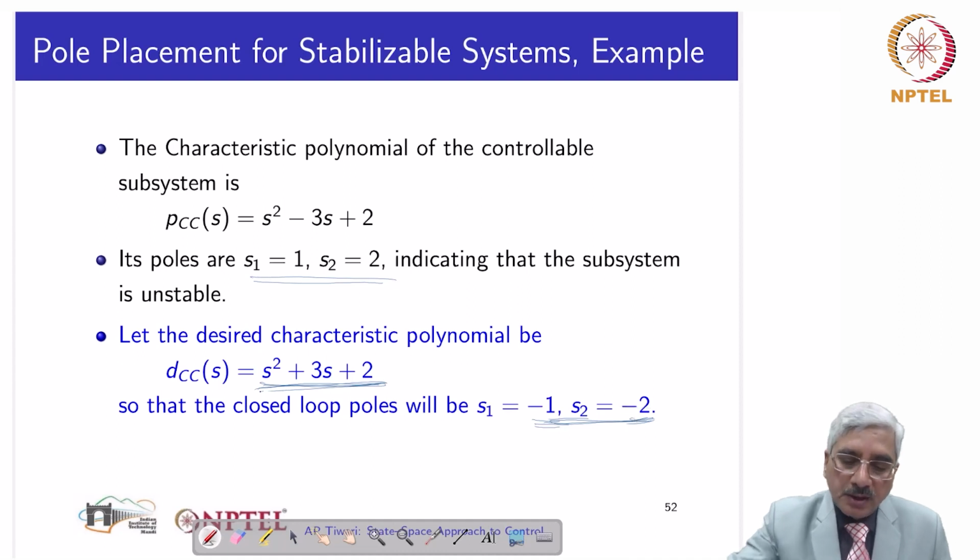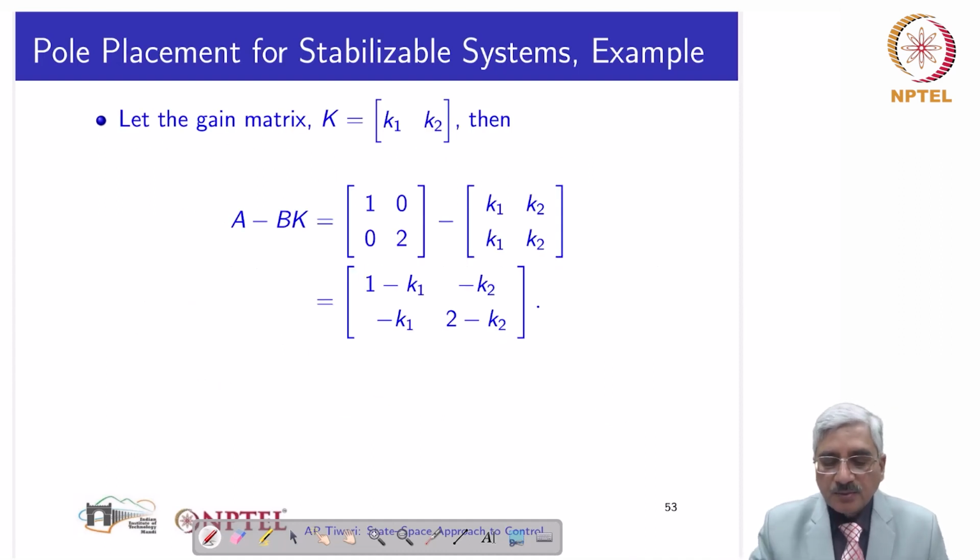So we do the design. Of course we don't do transformation to companion form, we proceed directly. That will be a little cumbersome, but this is only a second order system, so it can be done. So this is the A, that controllable subsystem, and this is the product BK.